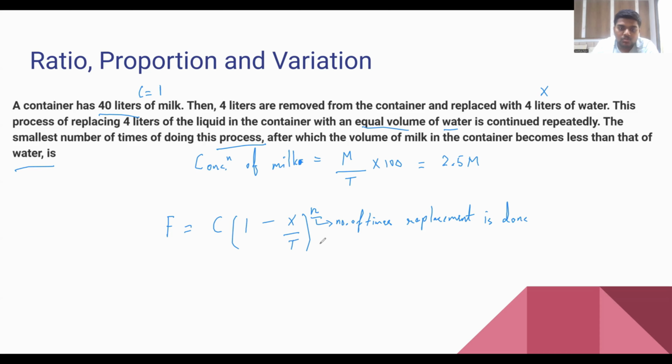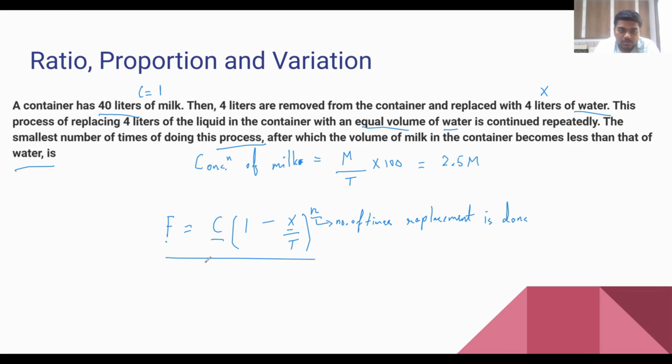Okay. So this is the formula for finding the final concentration based on the initial concentration. The quantity of replacement, like if milk is replaced with water, or like the solution is replaced with water, whose concentration will be counted as 0 since we are taking milk as a reference. So in this case only this formula is valid.